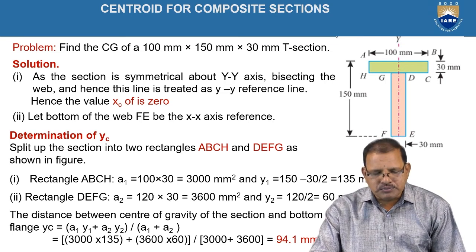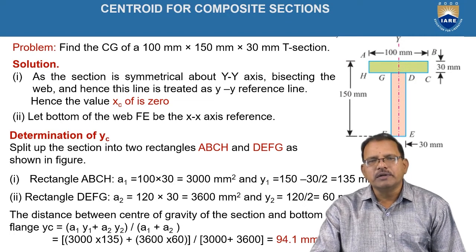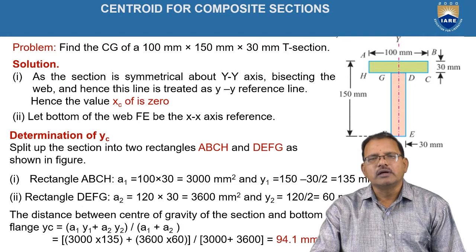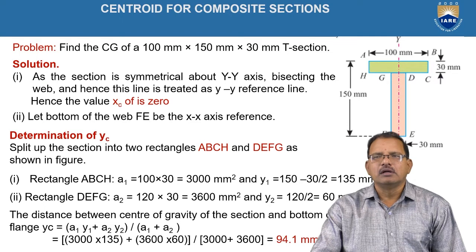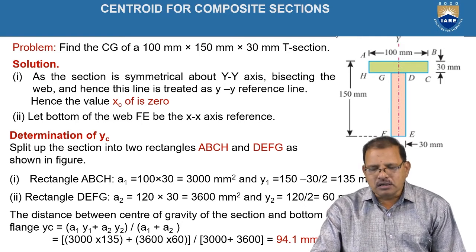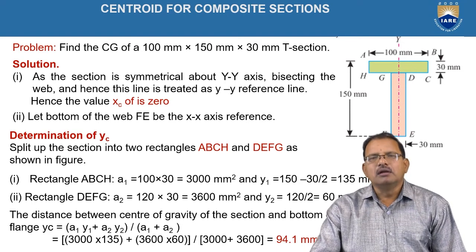Moreover, on observation, the object is symmetrically distributed with respect to the vertical line. Hence, we can take that vertical line as one of the reference lines. One more reference line passes through the bottom of the figure, that is through EF and parallel to the upper surface of the flange.